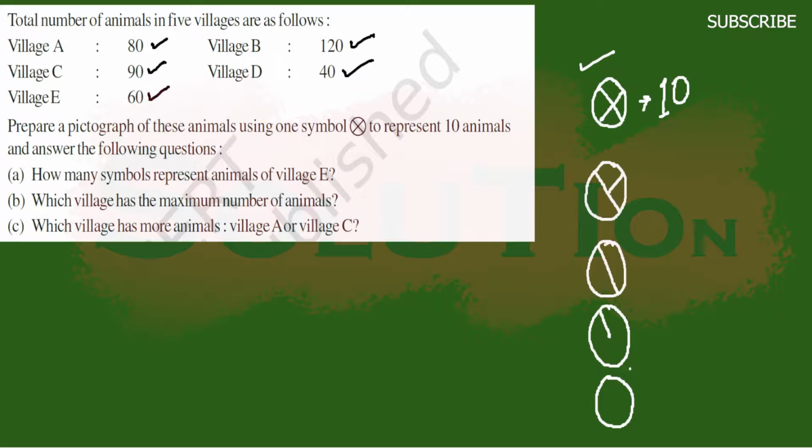So the first one is 10, and the rest let us write. If the first one is 10, then obviously our next symbol will be 8. So it helps us to represent numbers like 18. To represent 18, we have one 10 in 18, and then one 8.